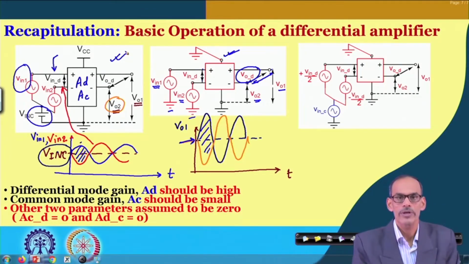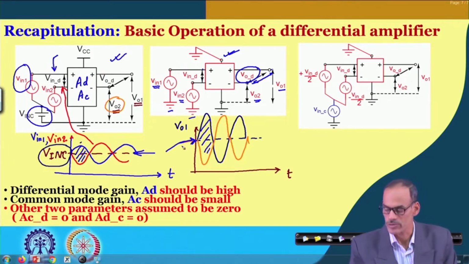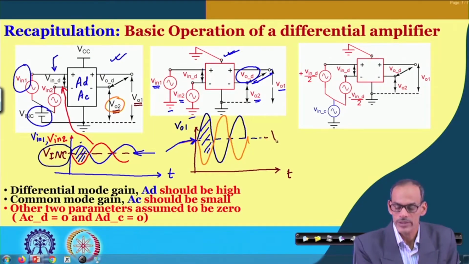So, whenever we will be talking about actual realization, we may discuss the relationship of this DC voltage level to whatever the DC voltage level is at the output. This DC voltage level we may call V capital OC, the output common mode DC voltage level.